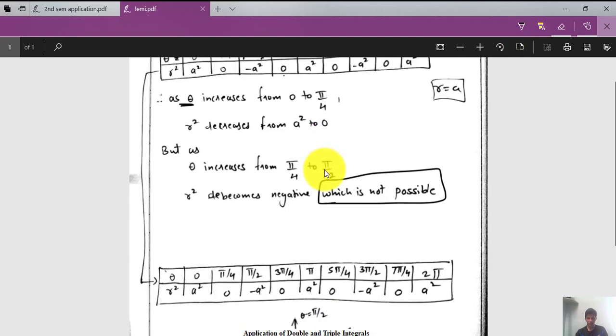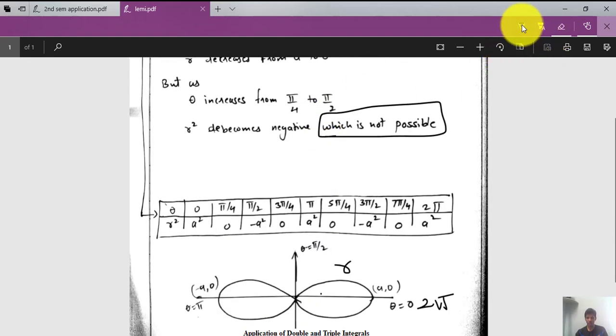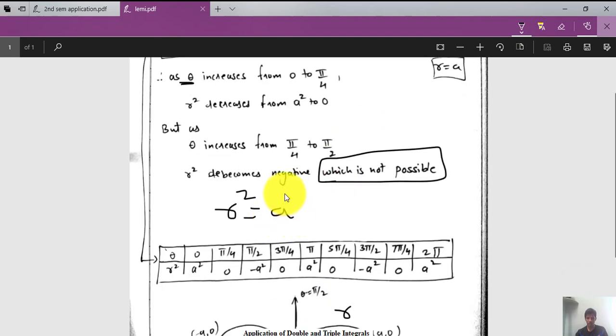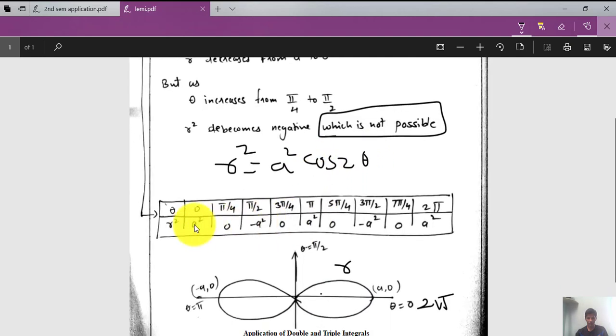As I said, if you plot the graph for r square is equal to a square cos 2 theta, and if you take theta is equal to 0, then this turns out to be a square. So see here, the value of theta is 0, and the value of r square is equal to a square, so r is a.